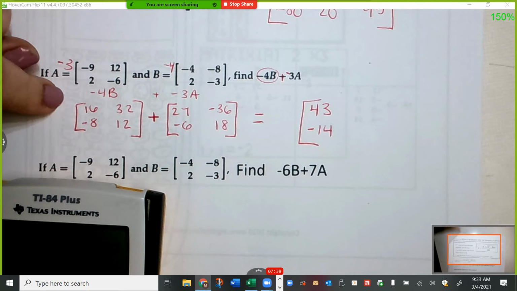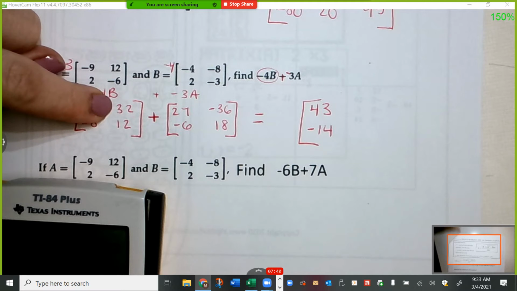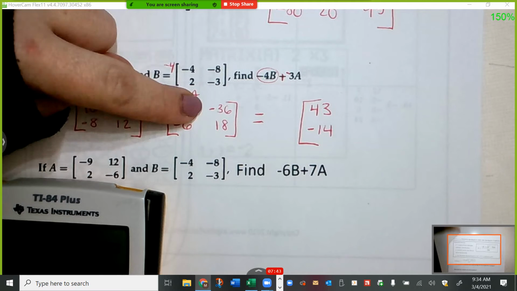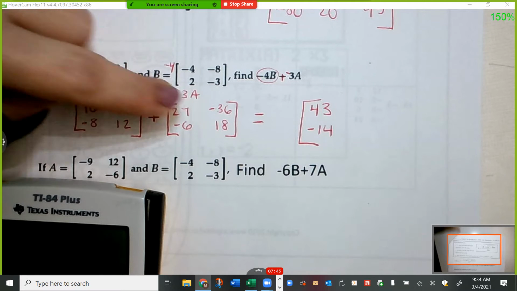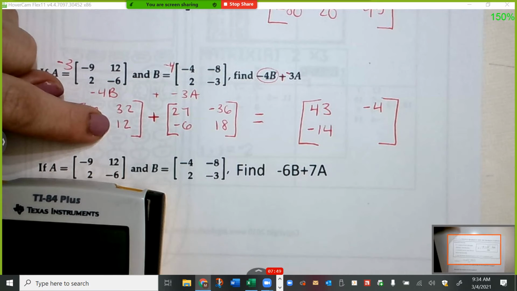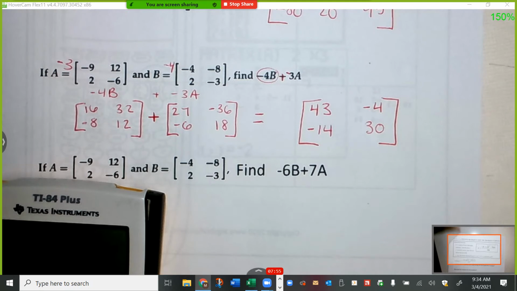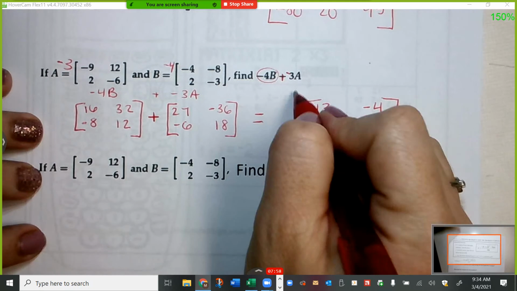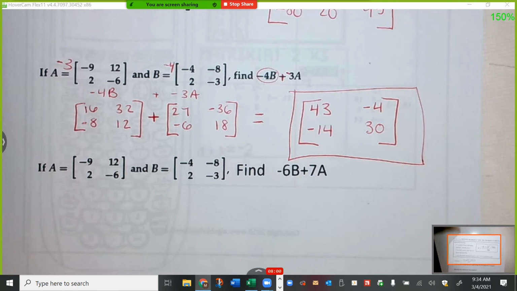So then row 1, column 2 is 32 plus negative 36, which is negative 4. And then row 2, column 2 is 12 plus 18. So here is our final answer.